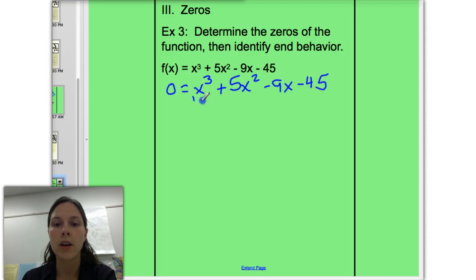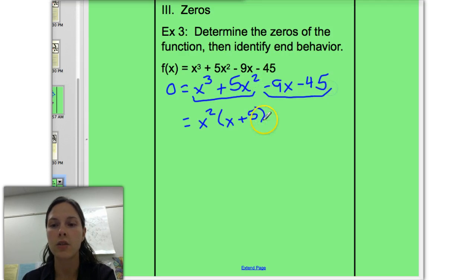So remember, when we're factoring by grouping, we factor out the GCF from the first 2 terms, in this case x squared, leaving us with x plus 5, and then factoring out the GCF from the last 2 terms, in this case negative 9, leaving us with x plus 5.